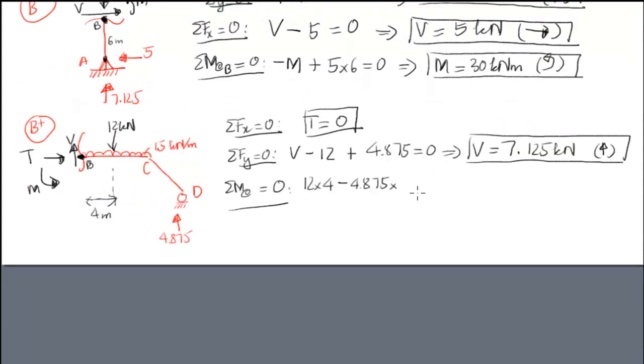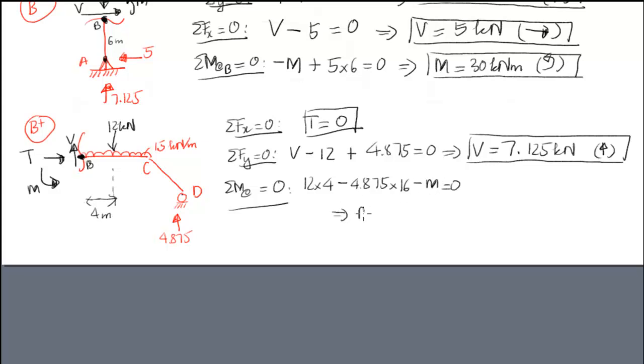So times 16. Now the moment goes anti-clockwise around point B, so it will be negative M, equal to 0, right? Okay, only one unknown, so you can solve for M.